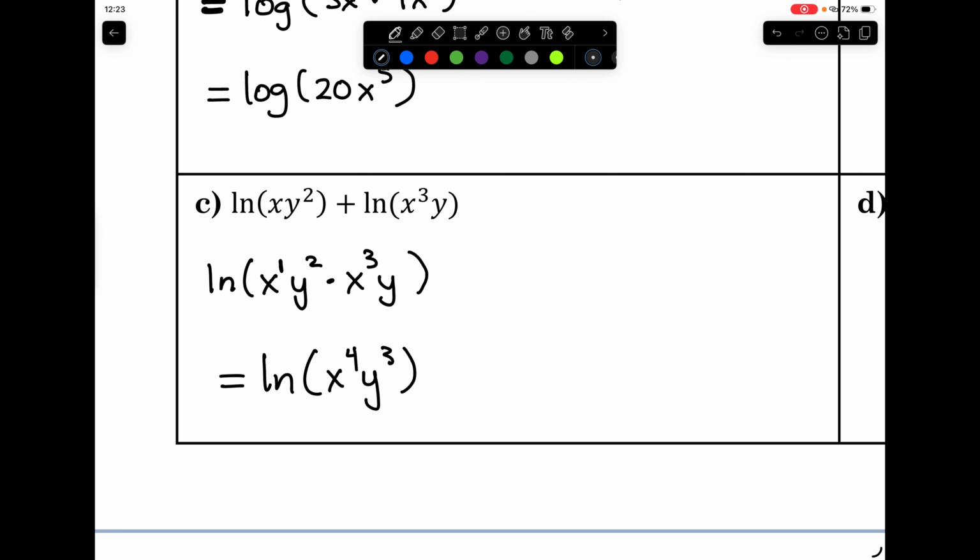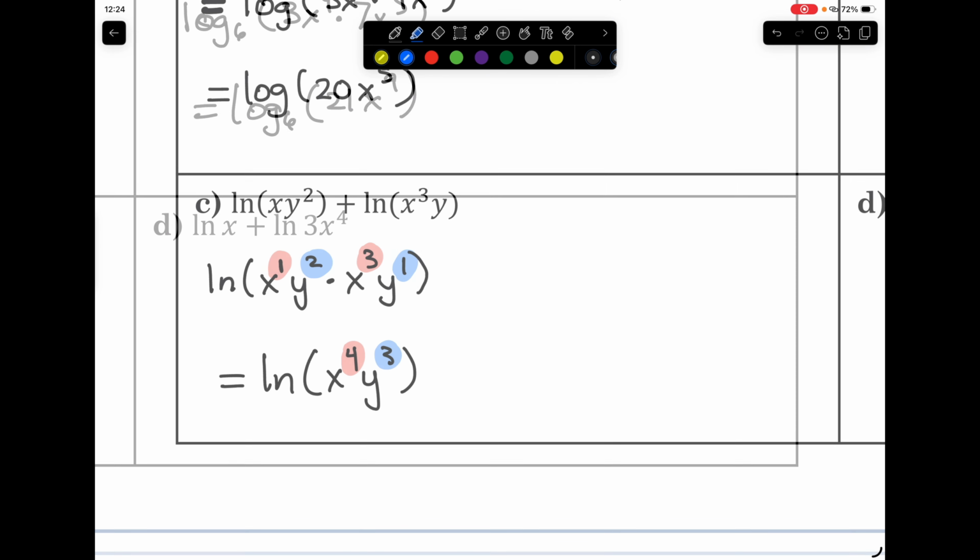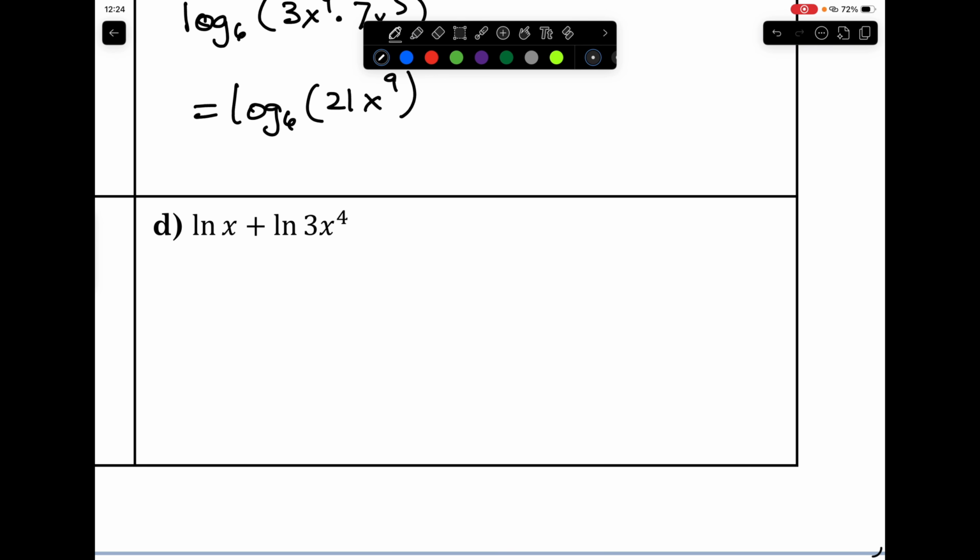So 1 plus 3 is how I get that 4. And then 2 plus 1 is how I get that 3. And then for this example, the same thing. So I could write this as the natural log of x times 3x to the fourth, which is 3x to the fifth power.